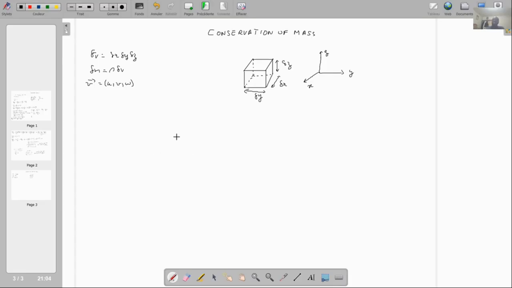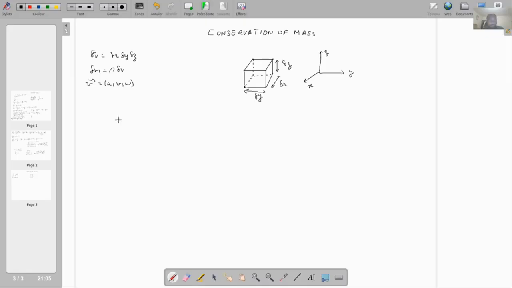So, what does conservation of mass mean? Conservation of mass simply means mass cannot be created or destroyed. So, whatever mass enters a control volume must either leave it or accumulate inside it. In other words, the material derivative of mass is zero.